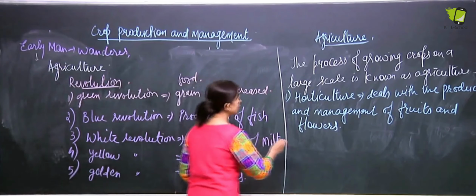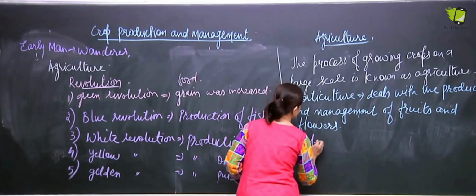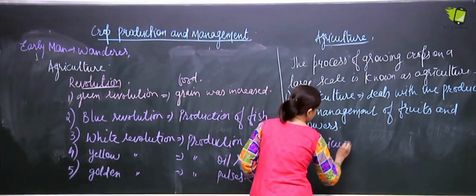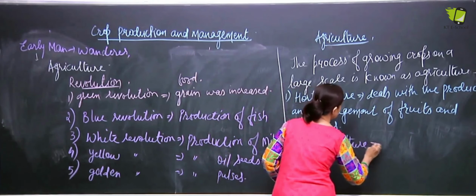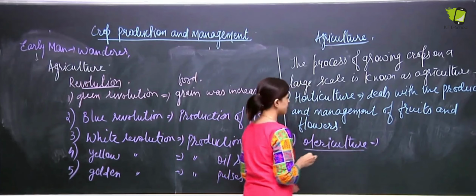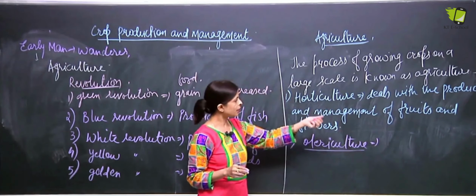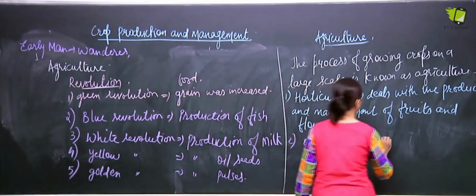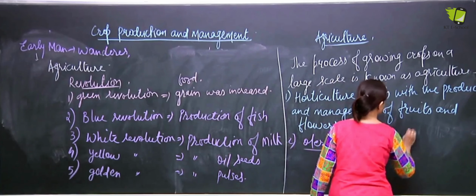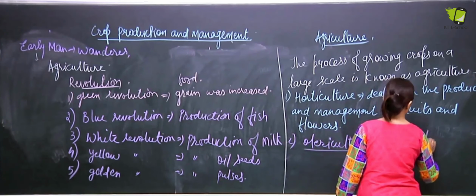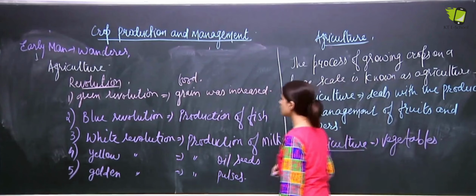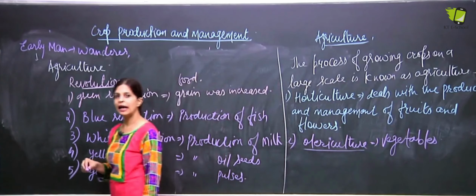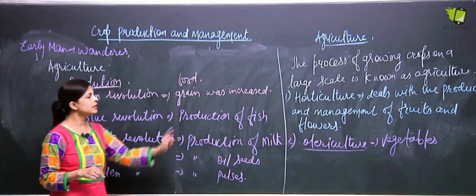Now second is olericulture. Now this olericulture, it deals, okay, with the production and management of vegetables. Okay, it deals with the production and the management of the vegetables.